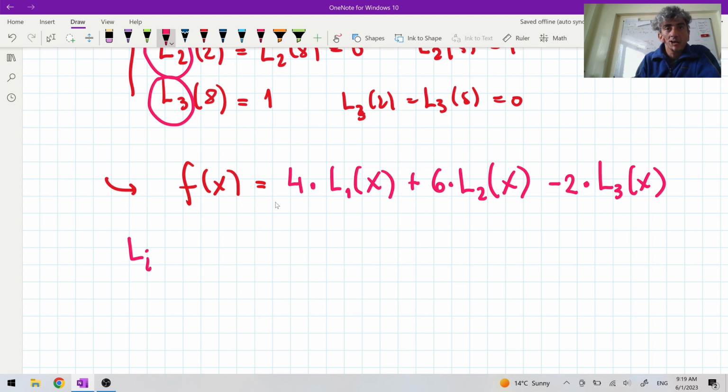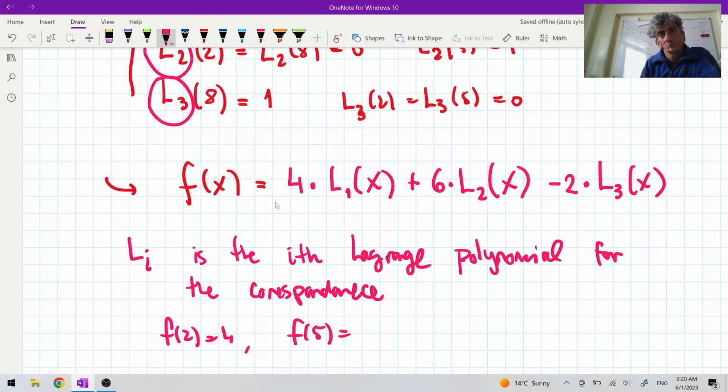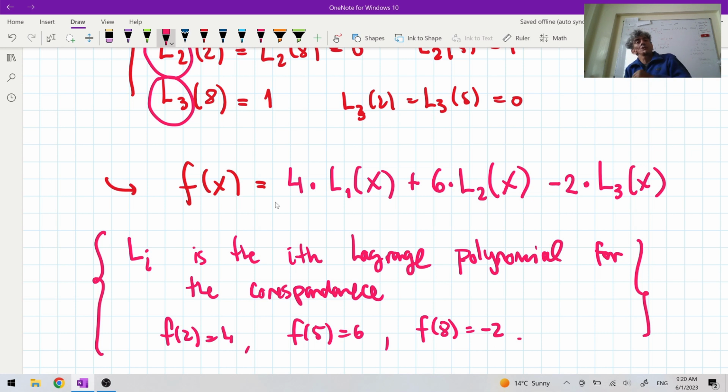L sub i is the ith Lagrange polynomial for the correspondence, and they play the role of the canonical vectors.